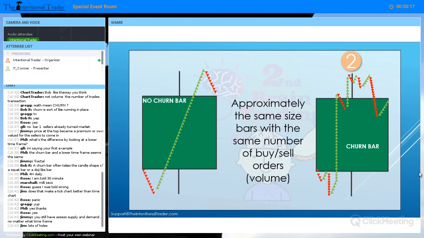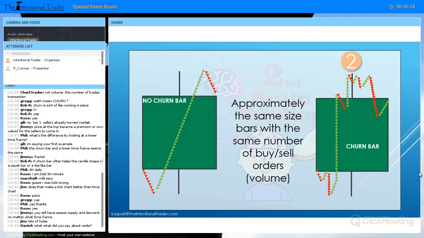a webinar on volume spread analysis. If you just go onto YouTube and Google volume spread analysis, it's the first thing to come up because it's a very well received video. It's the highest rated video on volume spread analysis.